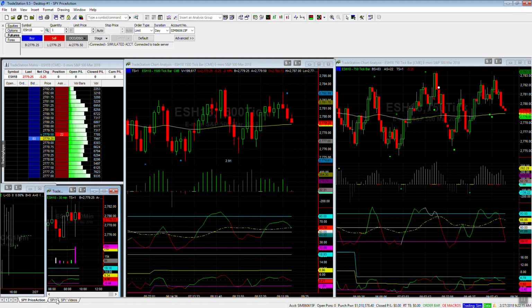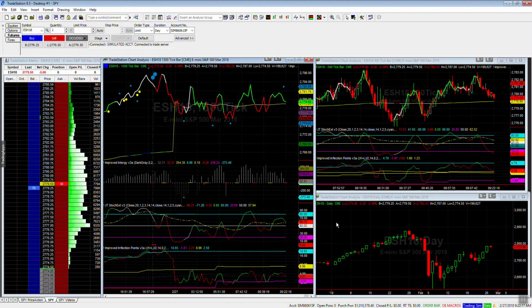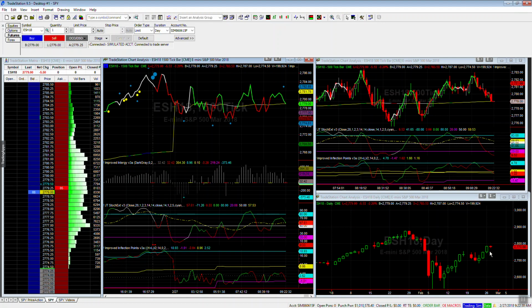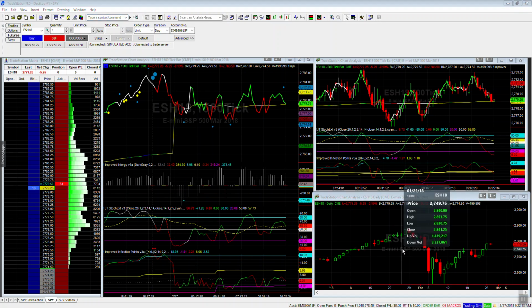But then I have another chart over here, which actually is the Emini futures chart, the S&P Emini future chart on a daily chart. So it gives me some idea of what's happening. I can look and I can see, well, that was perhaps a resistance point. Maybe it broke through it a little bit.